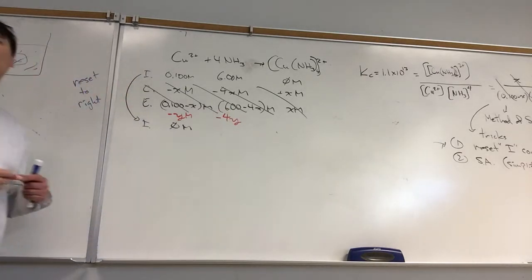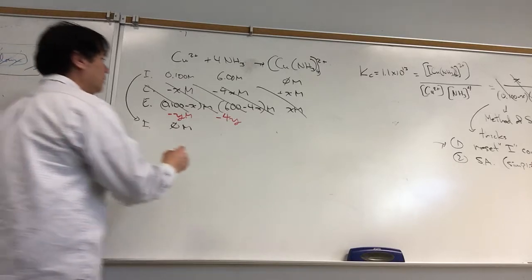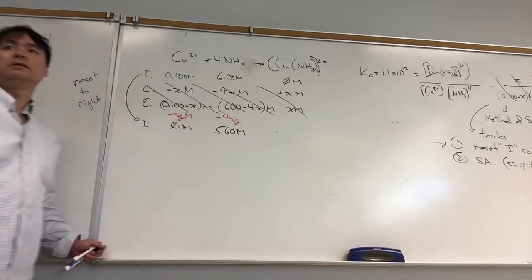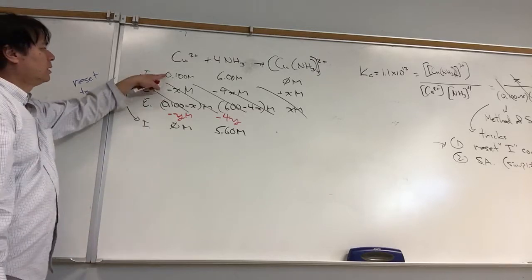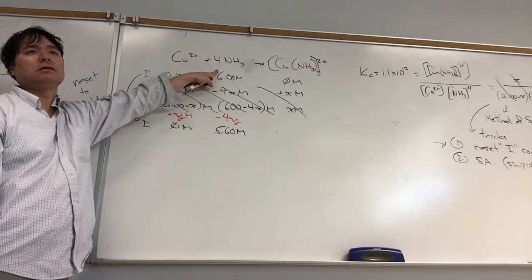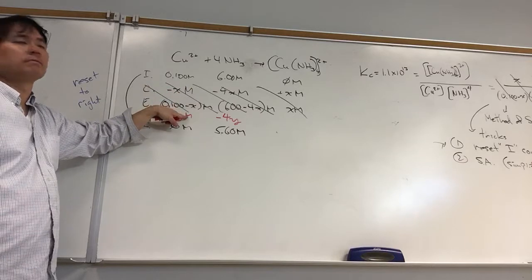That's going to give me how much remaining on the left side. It's going to be 5.60 molar. Do you see that? Because if I lose 0.100 of this, I'm going to lose 0.400. I'm going to lose 4 times as much, right? And I can't lose more than that because I don't have any more copper to get rid of.